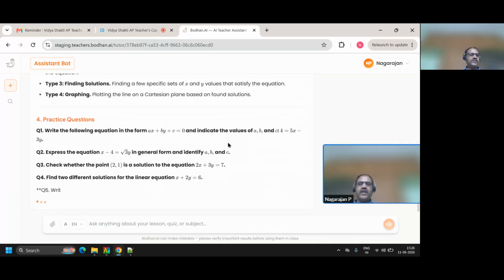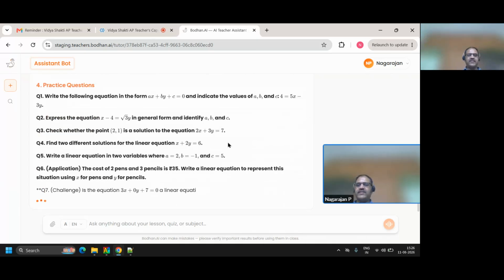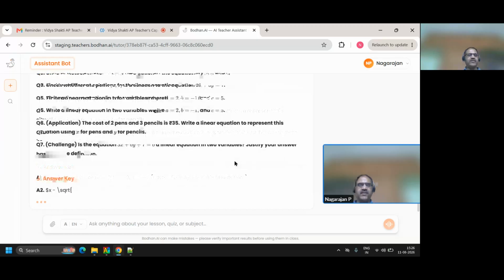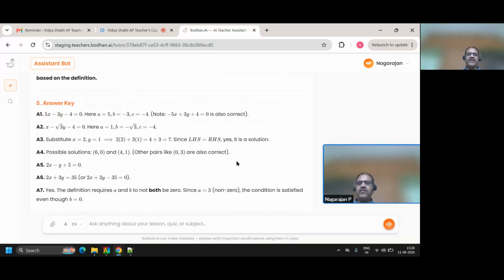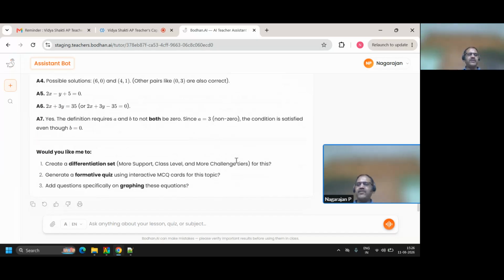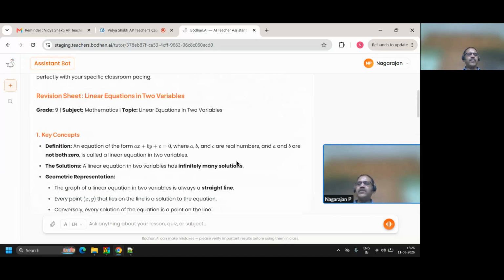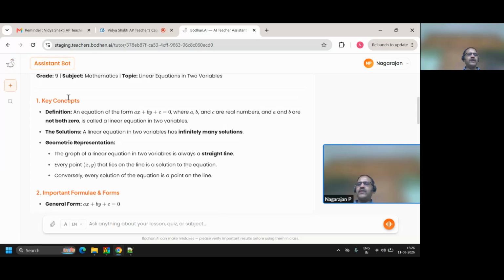Typically this is how the teacher revises in the class, and what kind of revisions we need to do just to cover all the topics and as a refreshment. Now, if you see here, it is talking about key concepts. The linear equation is ax plus by plus c is equal to 0, where a, b, c are constants and x, y are variables.